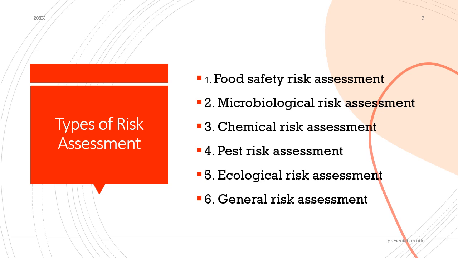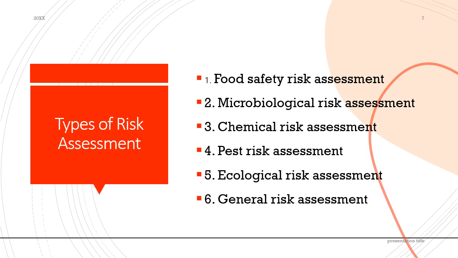There are various types of risk assessment, but they are separated into six types. The first is food safety risk assessment. The second is microbiological risk assessment, and the third is chemical risk assessment. The fourth is pest risk assessment, to manage animals that affect food or agricultural products.